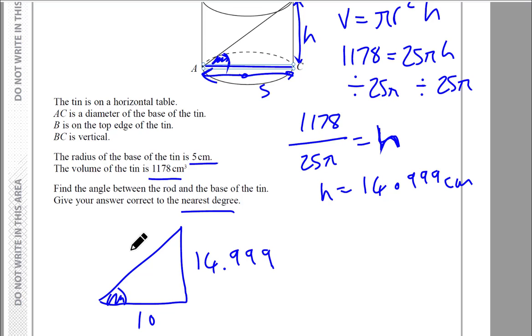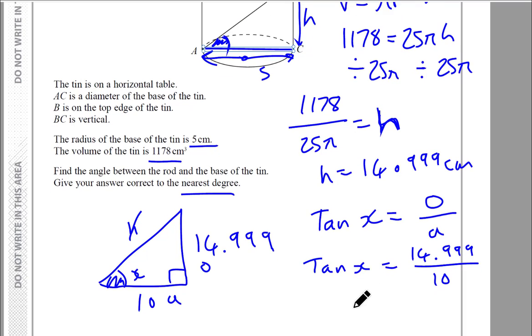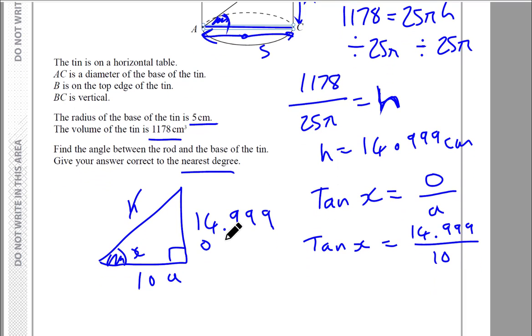So what have we got here? Well, we don't have the hypotenuse, because you can see there's a right angle there. So this is the opposite and adjacent. So we know tan, let's say that's x. Tan x equals opposite over adjacent. Let's substitute those figures in. Let's inverse tan that.